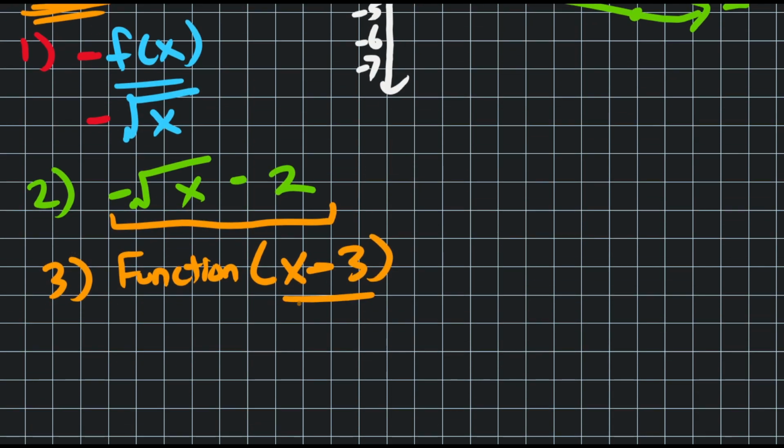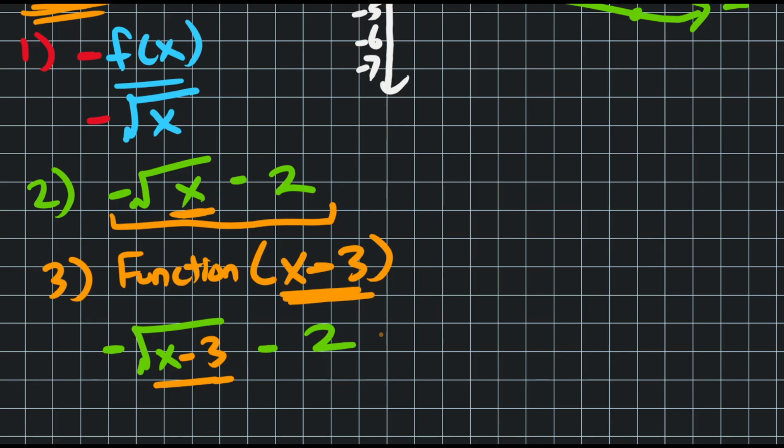So the function of x minus 3, let me just write it like this in this color: negative radical (x minus 3), minus 2, just so you see the difference. So we have negative radical x minus 2 on the outside. So the function of x minus 3 would be negative radical (x minus 3), then minus 2.